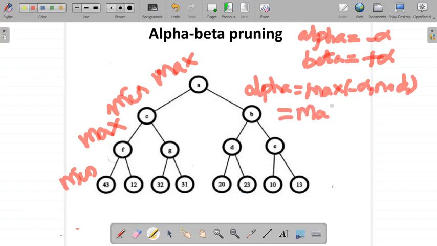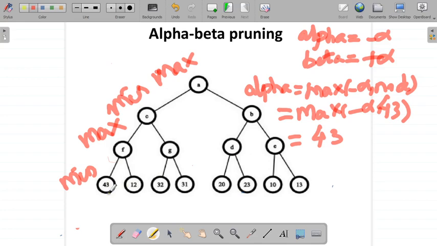So here the left node value is 43. So which one is maximum? 43. So the value of alpha is 43.